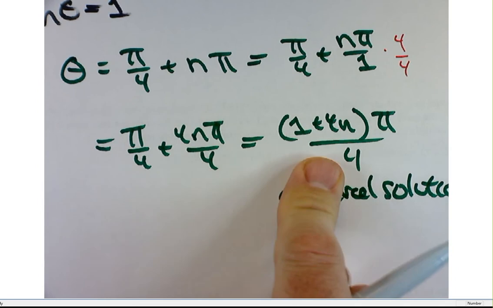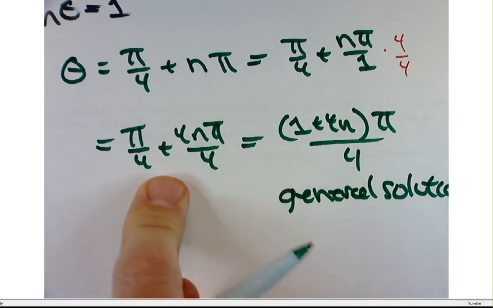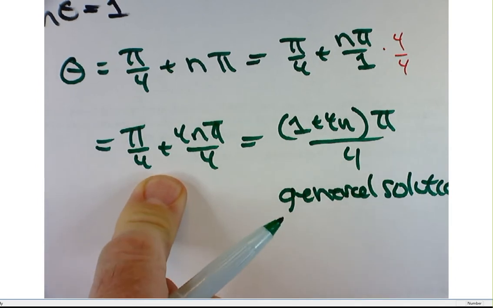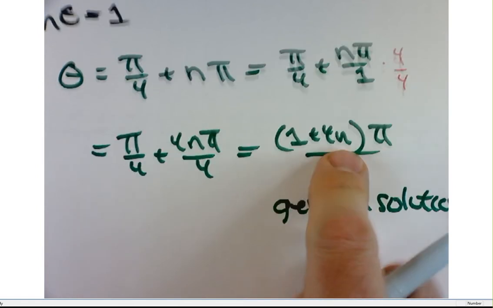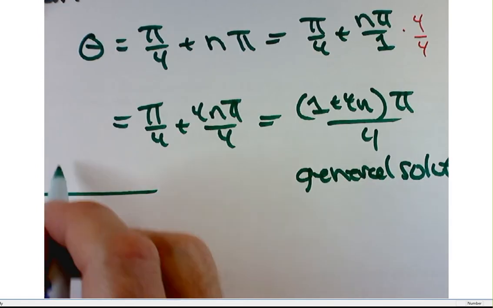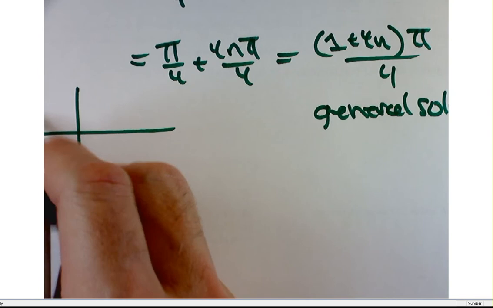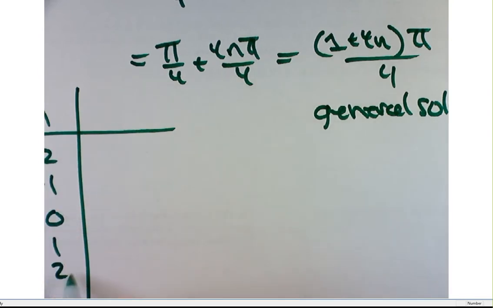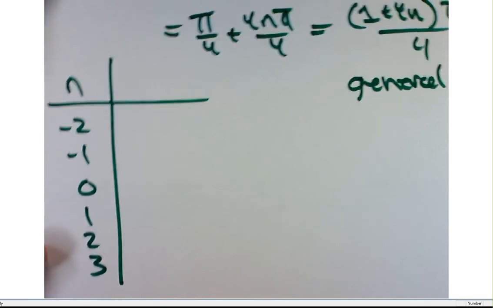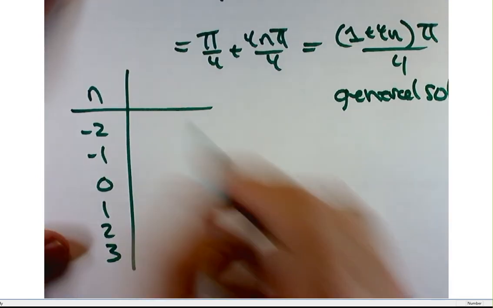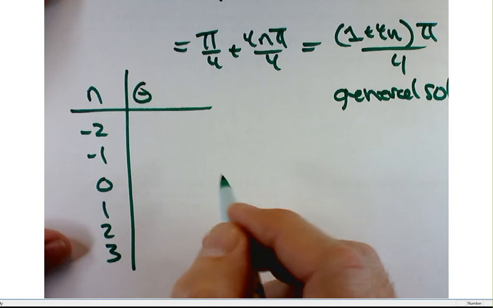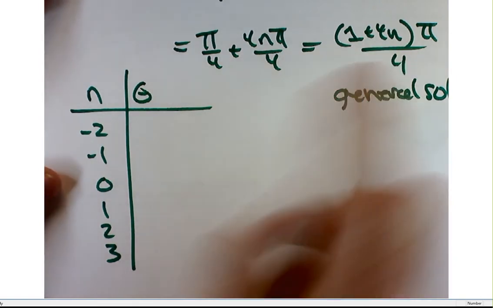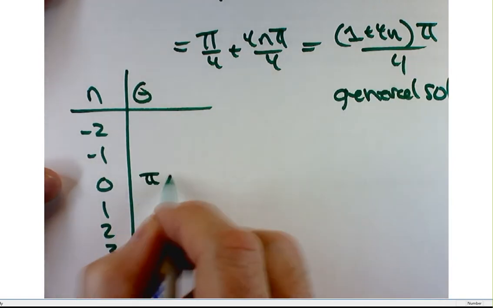You don't have to put it together all factored like this. My math lab should take it like this. I like it here better because it makes it a little bit easier in this next part: plugging in n equal -2, -1, 0, 1, 2, and 3 for our values for theta. At n equal 0, you're at pi over 4.